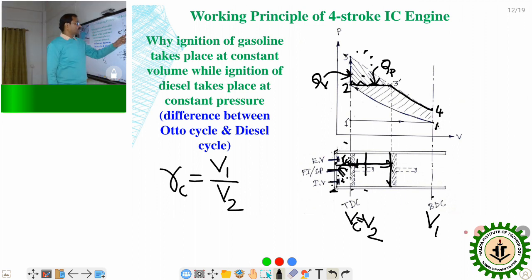Already I have told you that the area under the PV diagram represents the work done. So in the diesel engine, for the same stroke length, the work done 1, 2, 3, 4 will be less than the Otto cycle. This is the main difference between the 4-stroke compression ignition engine and the spark ignition engine.